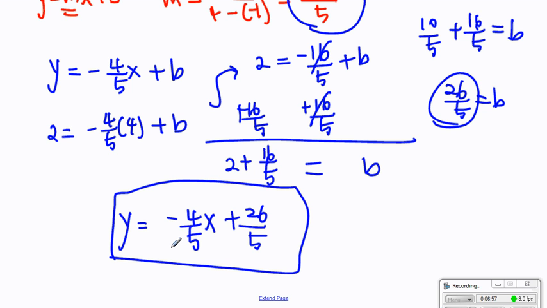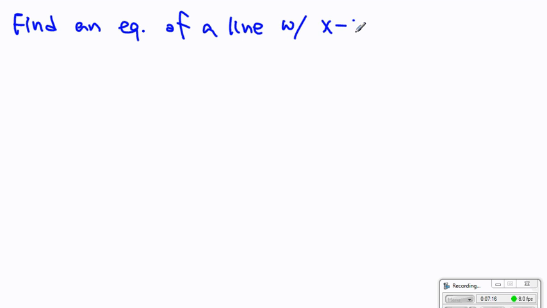Alright, let's try to go for one more question. This time, find an equation of a line with, let us say, x-intercept of 6 and y-intercept of, let us say, negative 3.